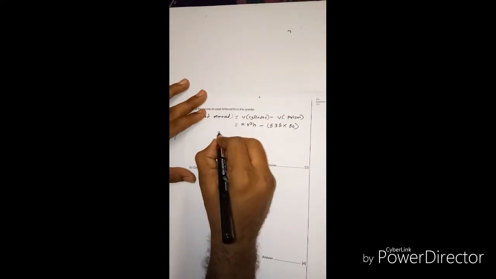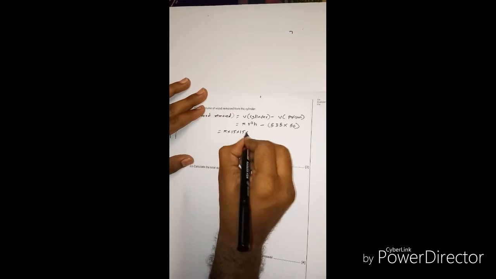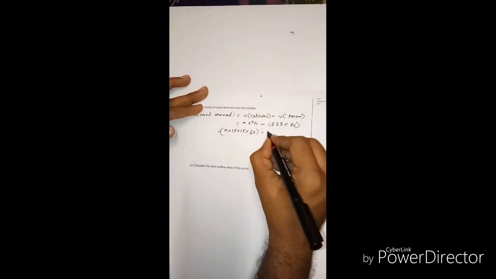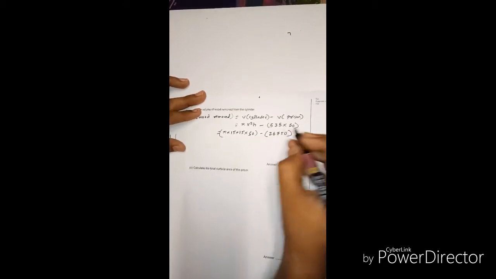The volume of the prism is the area of your two-dimensional figure, which was the area of the pentagon, into the length. So substituting the values over here, it will become pi into 15 into 15 into 50 minus 26750.